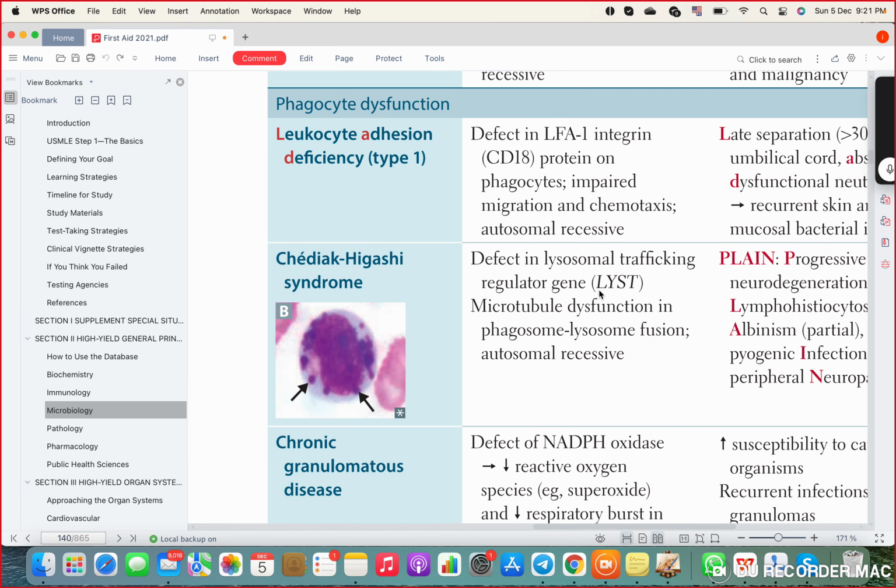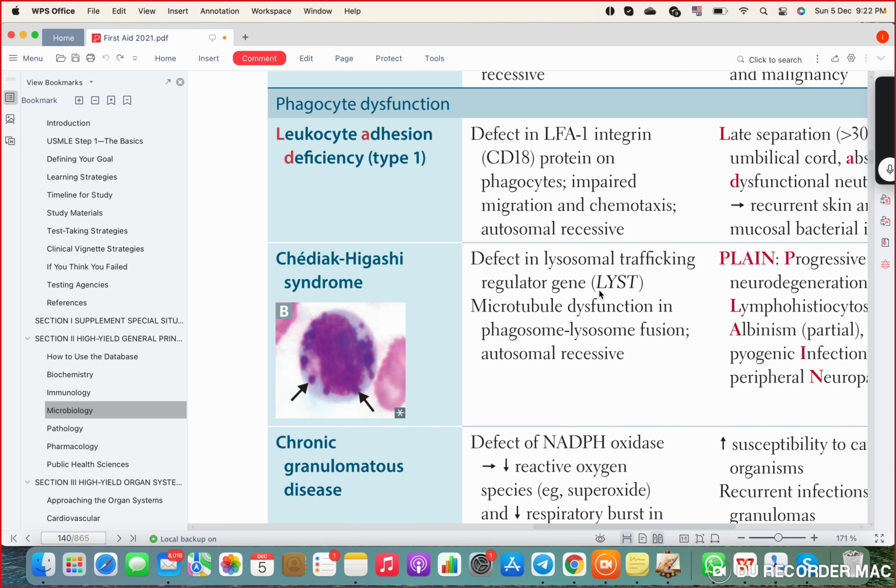Okay, speaking about leukocyte adhesion deficiency, it's a dysfunction of the integrin. You must know that. It's the CD18, and that will lead to impaired migration and chemotaxis. So what will happen to the neutrophil count? It's very high, doc, because they're not able to go to the site, and they're just hanging in the blood.